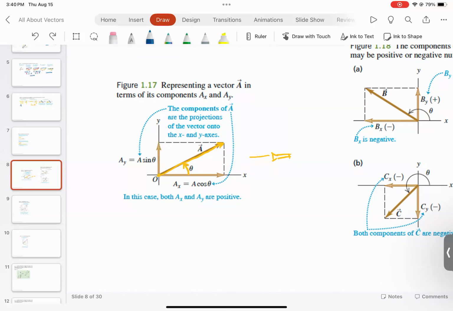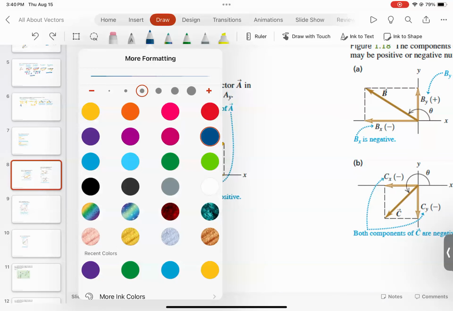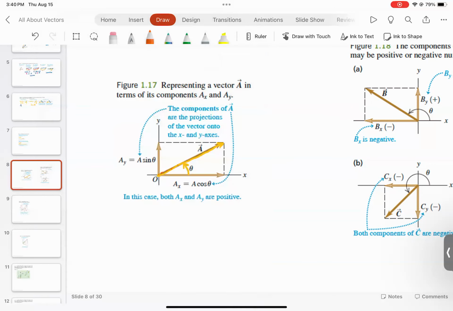Okay, now to quantify yung mga projections na yun, gagamit tayo ng trigonometry. Okay, so notice that this is a right triangle. So itong nandito, yan ay isang right triangle. And if this is the angle theta, then this means na ito yung opposite side at ito yung adjacent side.